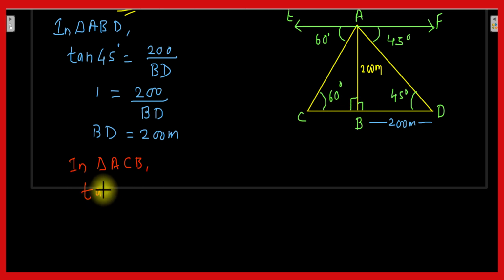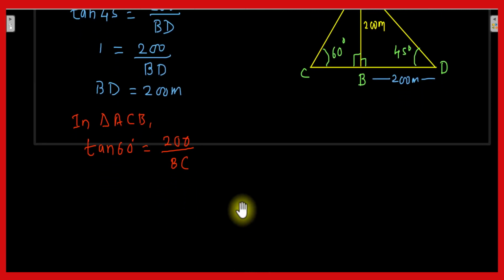The opposite side is AB and that is 200 meter, so it will be 200 meter upon the adjacent side BC. We know tan 60 is root 3. So put the value of tan 60: root 3 is equal to 200 upon BC.